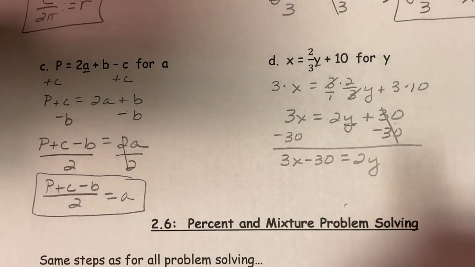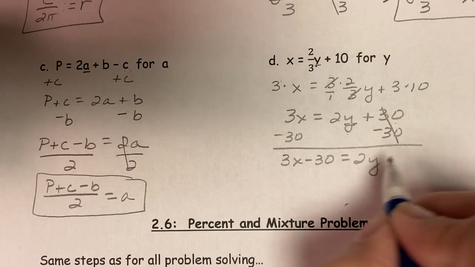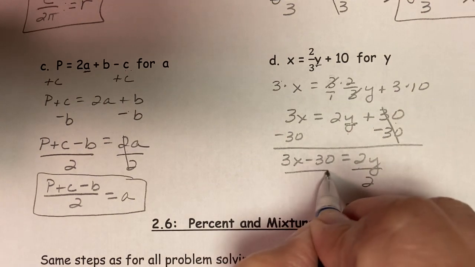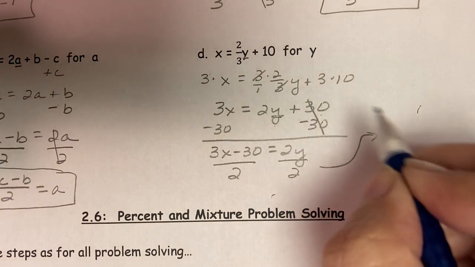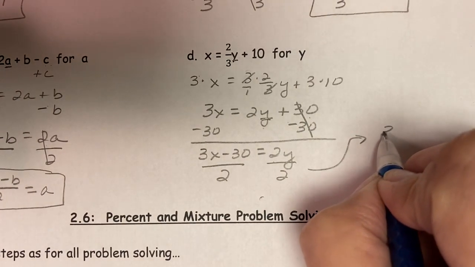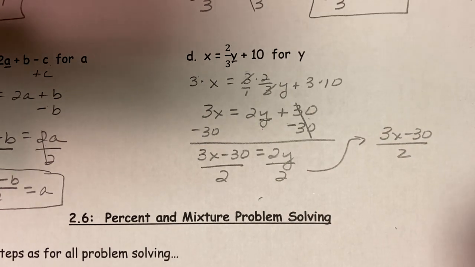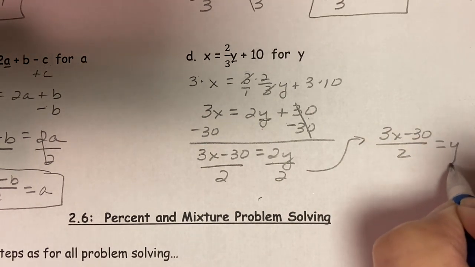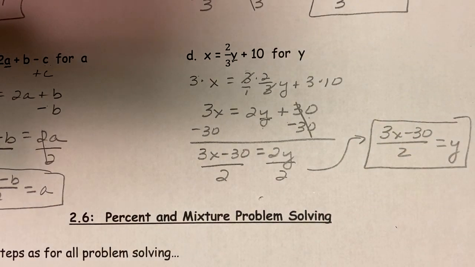And last but not least, what do I have to do here? Well, I need to get the y alone. Right now it's being multiplied by 2, so I need to divide by 2. So I'm going to get 3x minus 30 all over 2. That does not simplify, and that is going to be equal to y. And that's the end of 2-5.